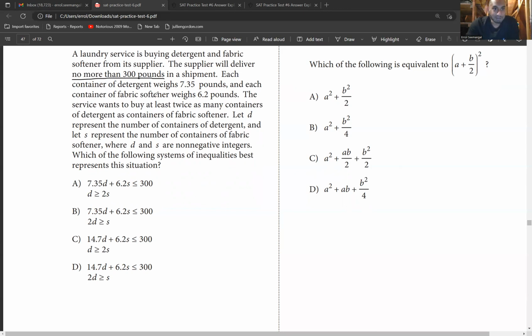Each container of detergent weighs 7.35 pounds, and each container of fabric softener weighs 6.2. The service wants to buy at least twice as many containers of detergent as fabric softener. Twice as many. This one.